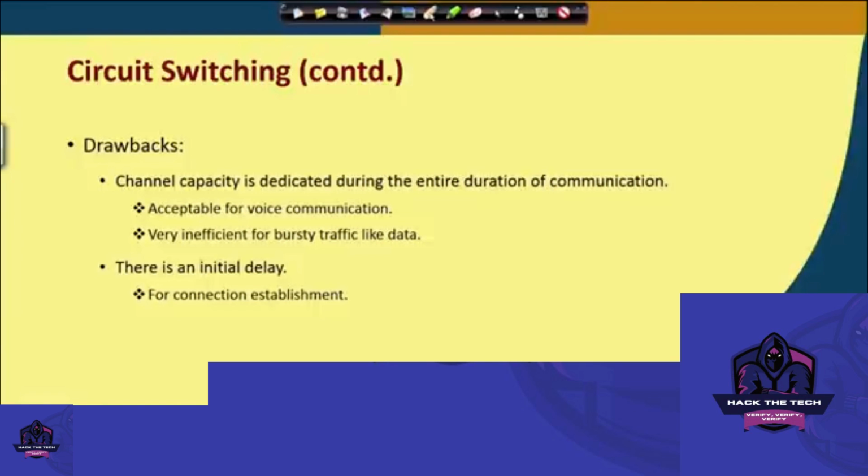Usually computer data are bursty in nature. Sometimes there is a lot of data and there is a period where there is no data. Sometimes again there is a lot of data flowing, sometimes again there is no data. So, if you reserve the channel for the entire period, your average channel utilization may not be that good. This is the drawback.